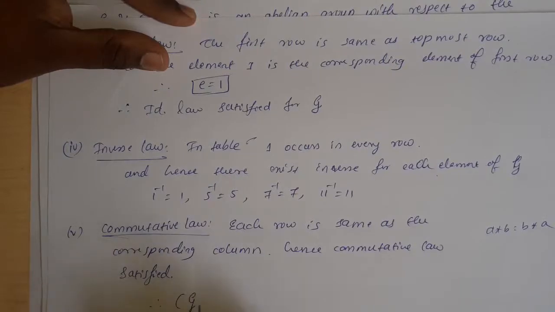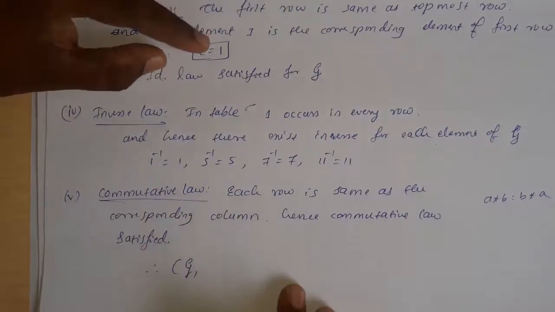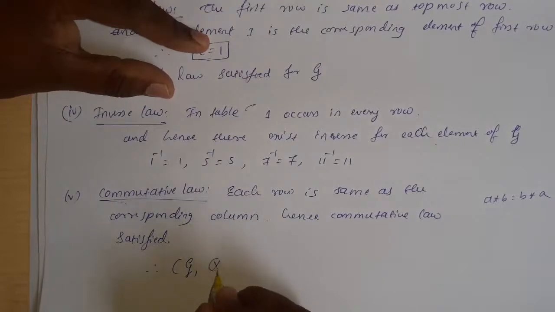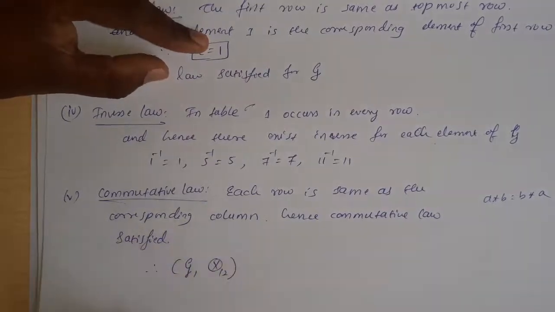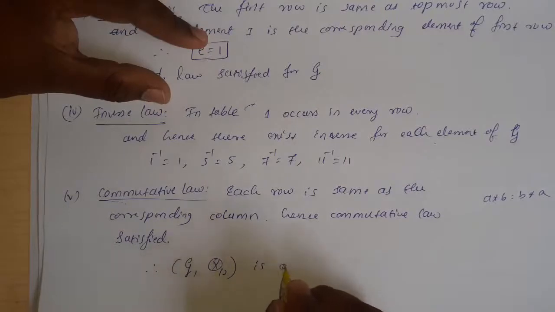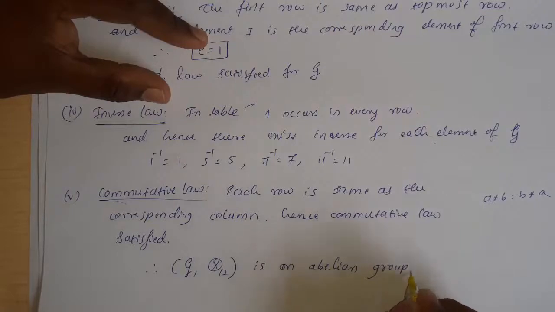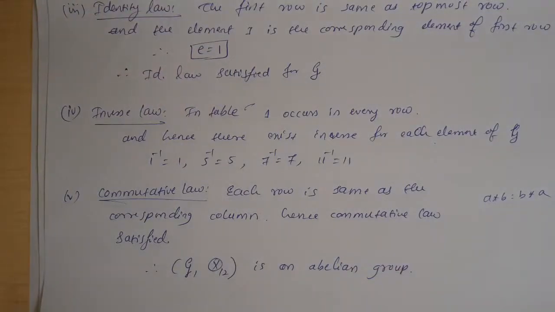Therefore, the given set G under the binary operation multiplication modulo 12 is an abelian group. So, here it is the example: G equal to 1, 5, 7, 11 is the abelian group under the given binary operation, that is multiplication modulo 12.